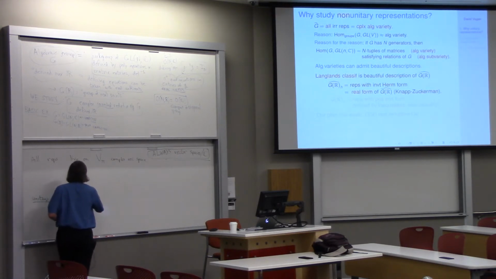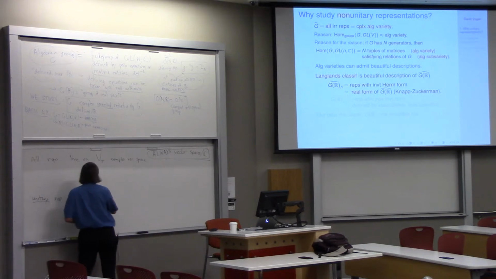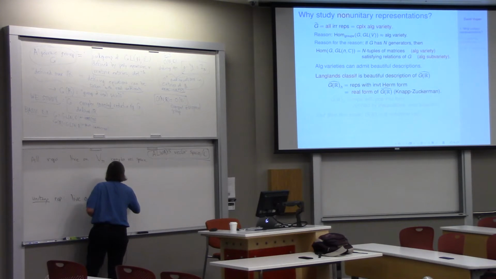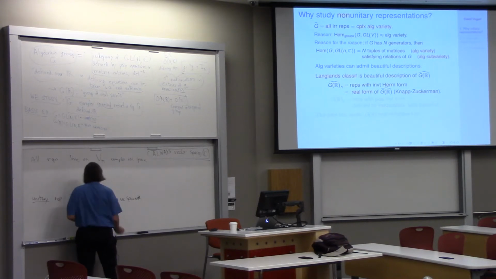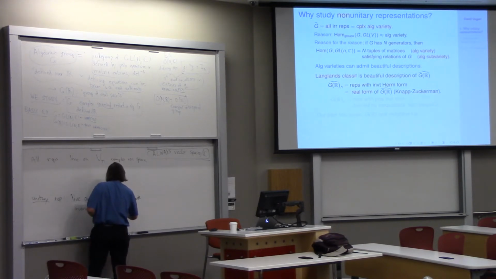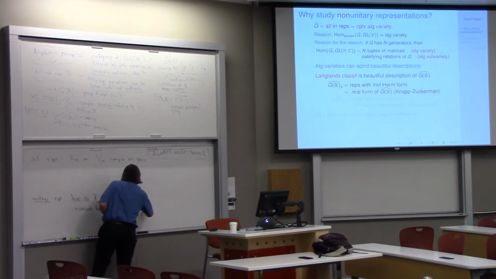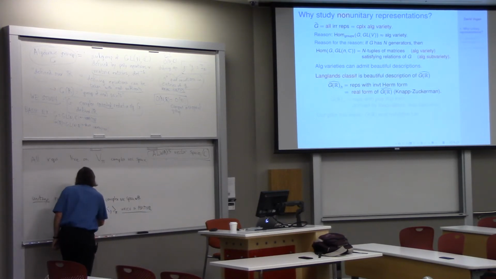Unitary representations live on H pi, which is a complex vector space with an invariant form which is positive.